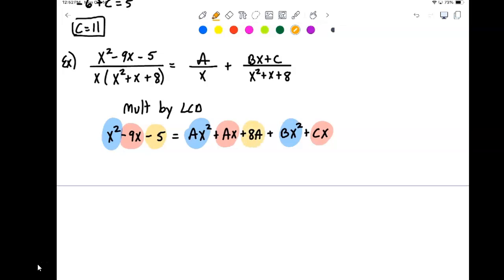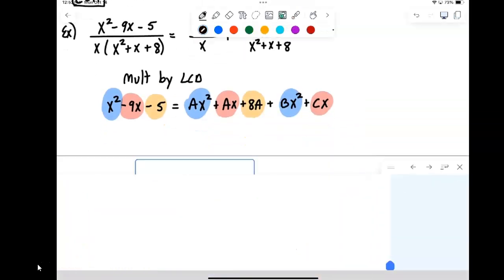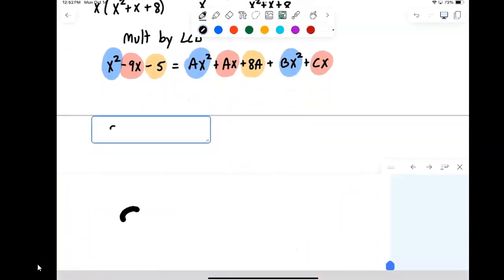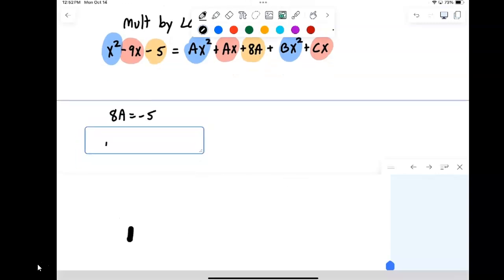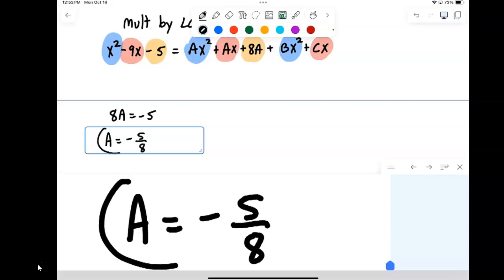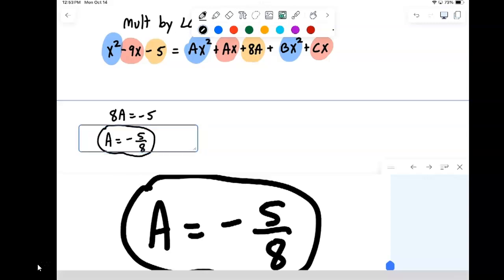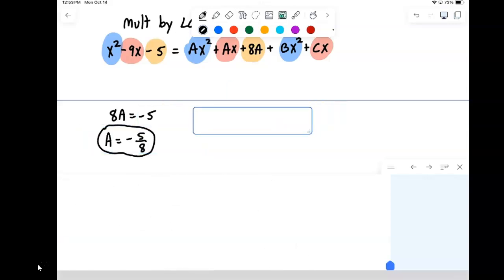So as I start to deal with this system, I immediately realize, hey, I can find a right off the bat. So I do that first. 8a equals minus 5. So a is negative 5/8. We'll then work our way through and try to find the other two variables.